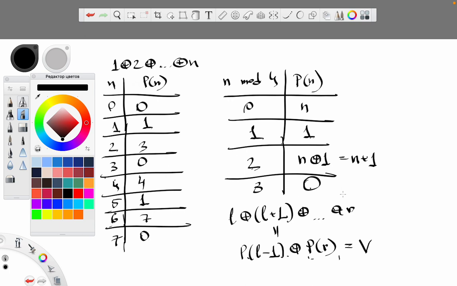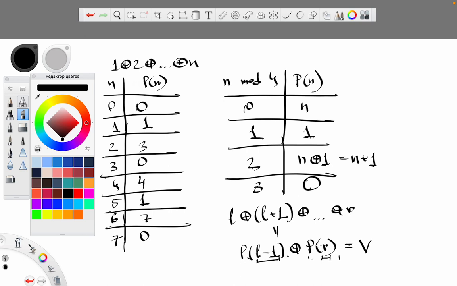it's not clear. I guess it should be easier to just choose these numbers and not care that this one should be smaller than this one. Let's just say that we are choosing 2 numbers from L minus 1 to R and taking the prefix XORs of them and taking their XOR. We will calculate each valid pair twice.